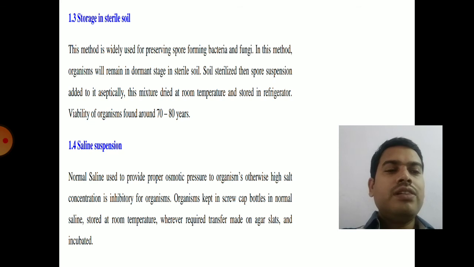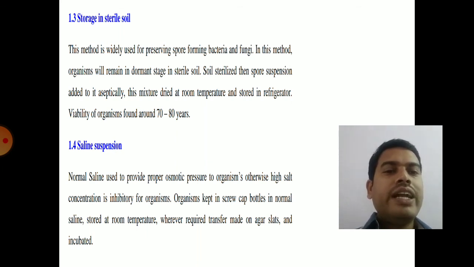And also you can store the bacterial species in sterile soil. This method is used especially for preserving spore forming bacteria and fungi. In this method, sterilized soil is used for storing the microorganisms. The soil is sterilized, then spore suspension is added into it aseptically.